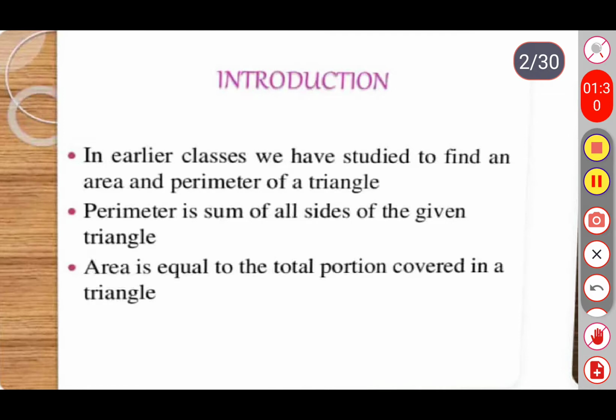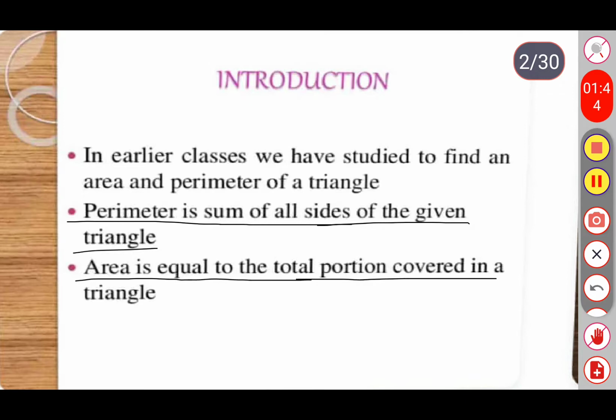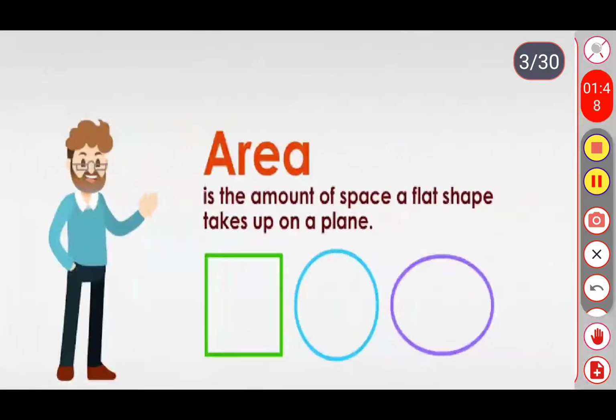Second one, perimeter is the sum of all sides of a given triangle and area is equal to the total portion covered in a triangle. So first you need to understand the concept of area and perimeter. What is the meaning of area and what is the meaning of perimeter?